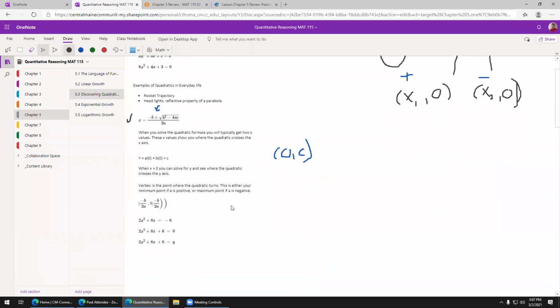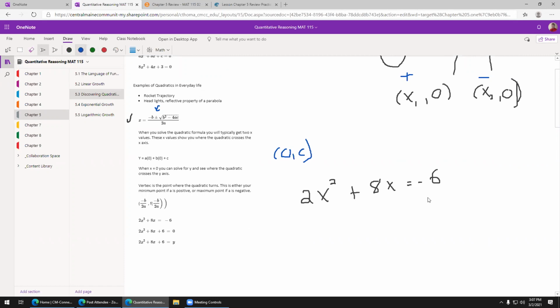So now we've explained the concepts, let's actually solve a problem, right? So if I have the equation, and I'll write it out so we can see me doing it step by step too. If I have 2x squared plus 8x equals negative 6. Remember, the first thing we need to do is get this thing to equal 0.